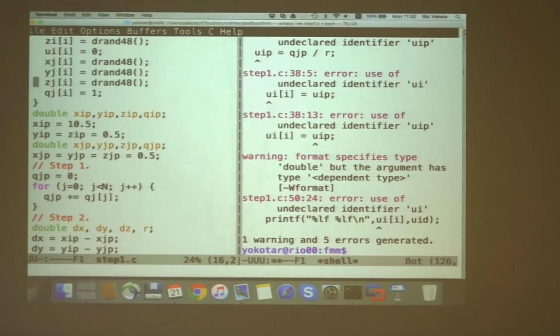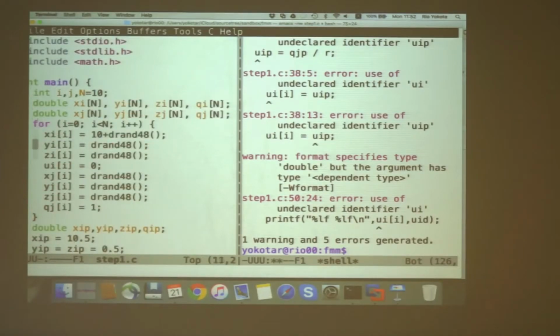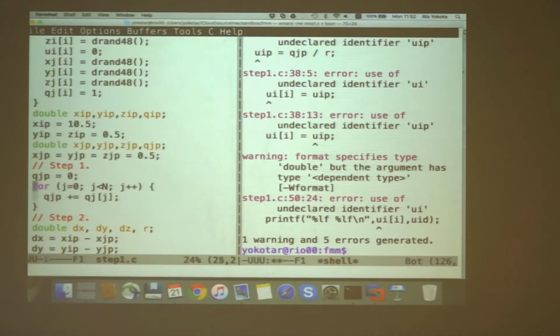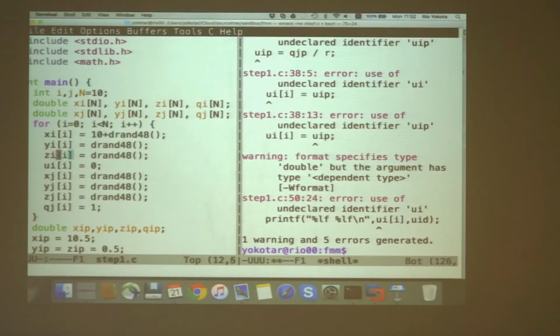I defined UI up here. Ah, this one. Yeah, okay. This had to be UI.